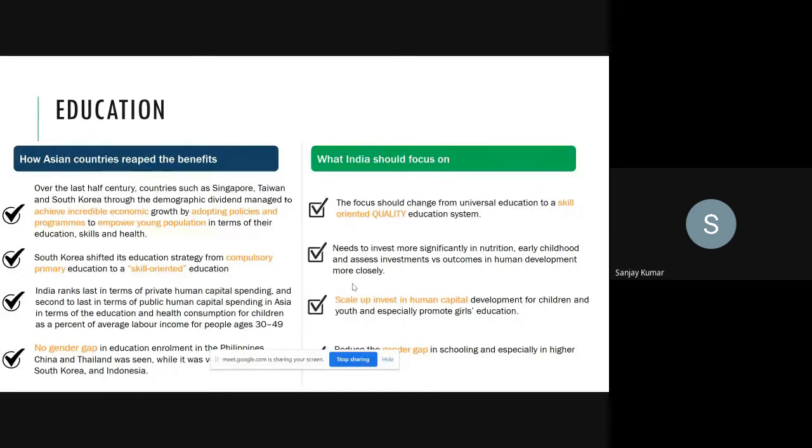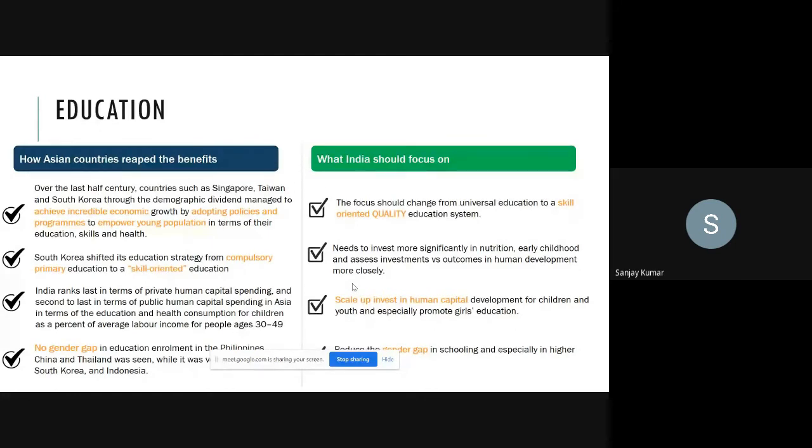Even in the education sector, countries like Singapore, Taiwan and South Korea adopted policies and programs to empower the young population. Take the example of South Korea: they shifted from compulsory primary education to skill-oriented education, so that young people are more equipped with skills and can contribute to the economy.